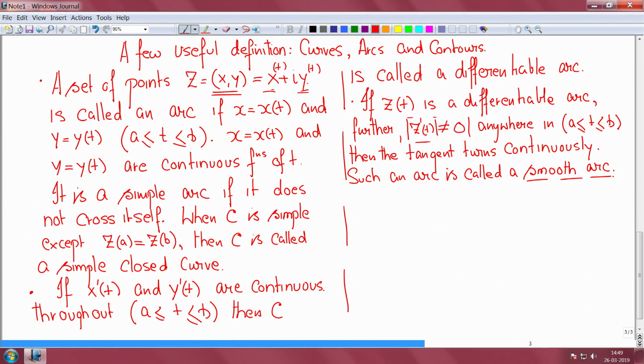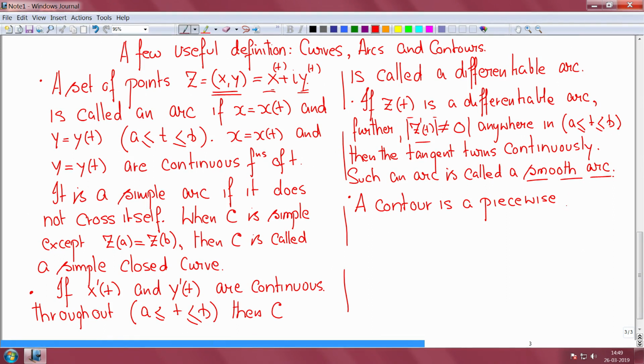Further, the next definition is a contour. So you will see how the smooth arc features in a contour. A contour is a piecewise smooth arc. Piecewise is the most useful part of the set of definitions.